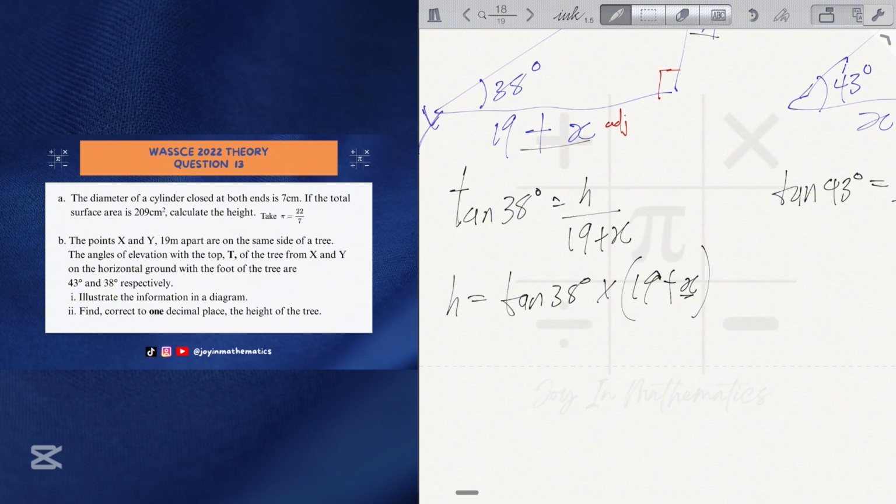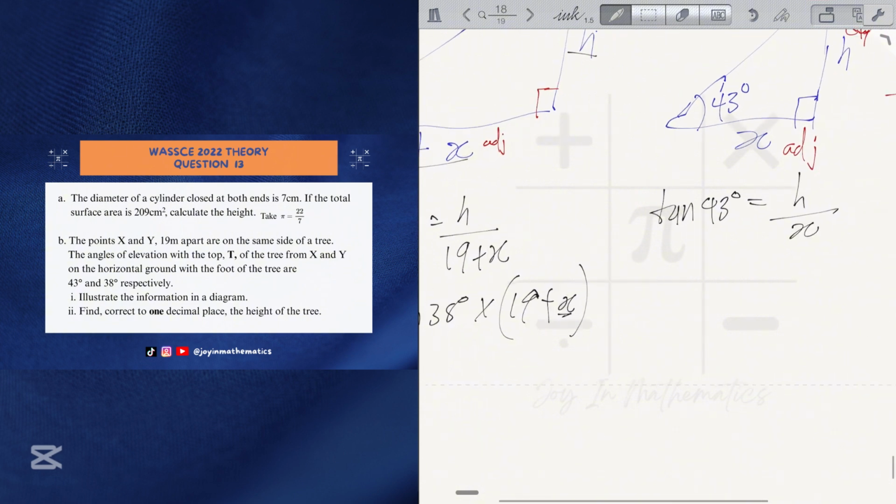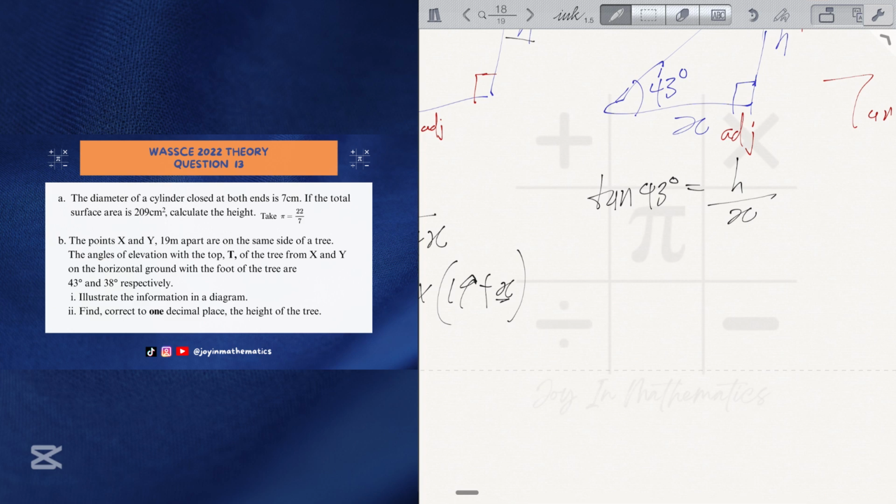However, we do not know the value of x, so we proceed further and make x subject of the formula. So x will be equals to h divided by tan 43 degrees.